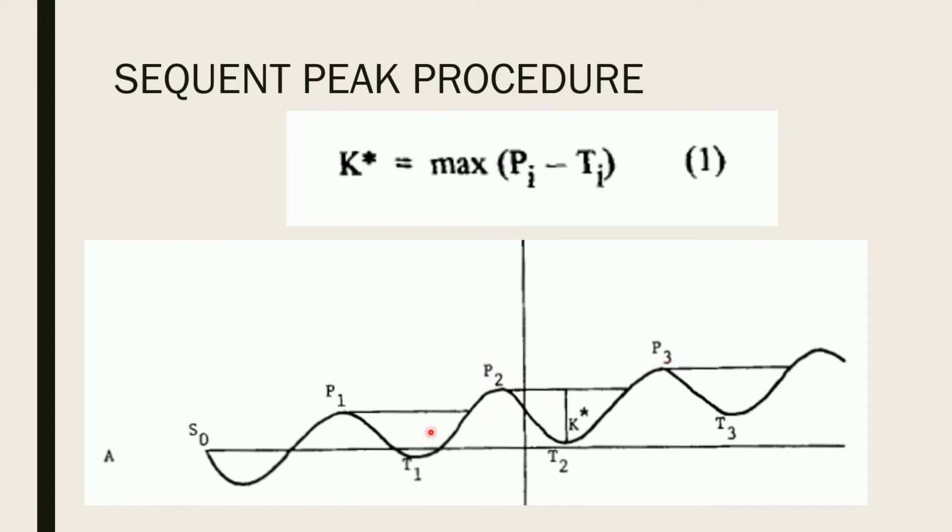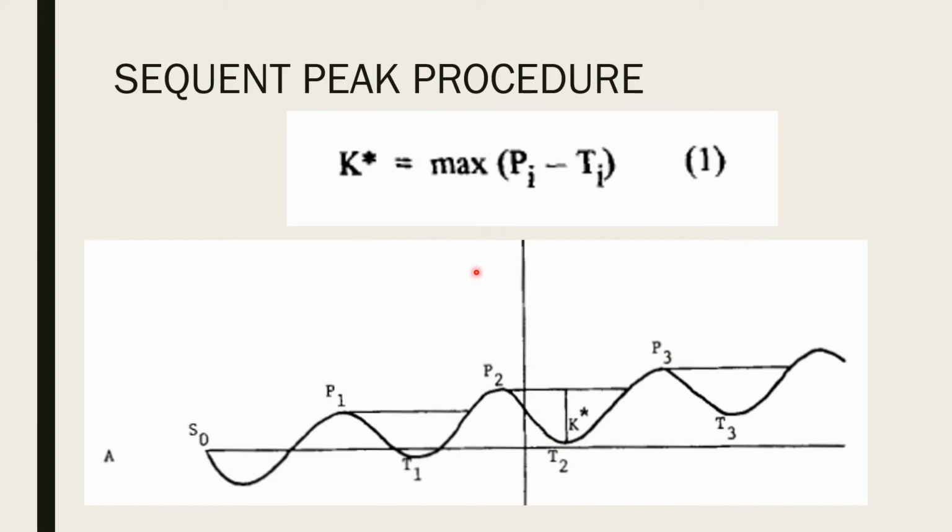Next is the lowest minimum between each pair of sequent peaks. So between local maximum P1 and sequent peak 2 we have the lowest, denoted as T1, and between peak 2 and peak 3 we have T2 here.